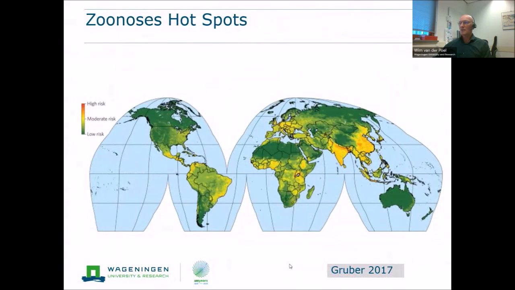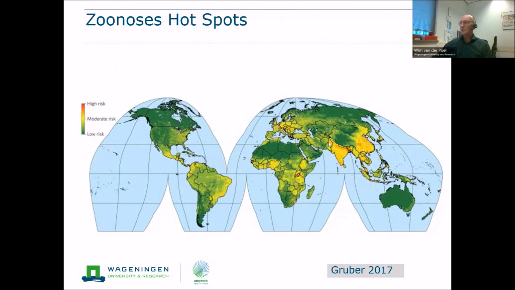Well, when we look at zoonosis or risks of zoonosis, we can identify hotspots of zoonosis in the world. And this is published in several papers, especially areas where there are a lot of people, where there is a lot of contact with wildlife and livestock, and also between wildlife and livestock, you see hotspots areas where zoonotic infections emerge.